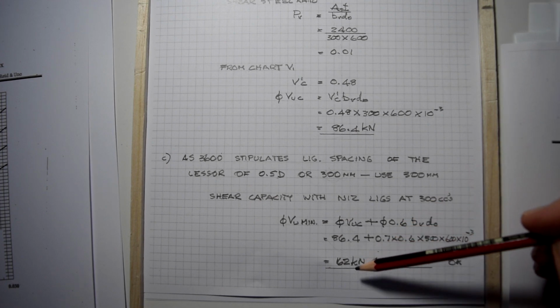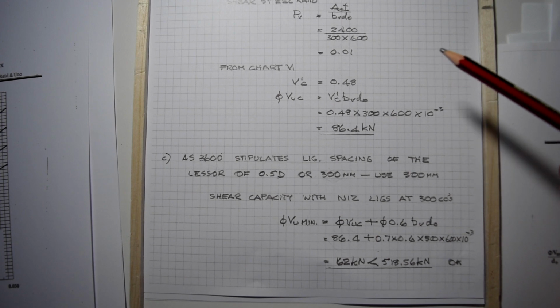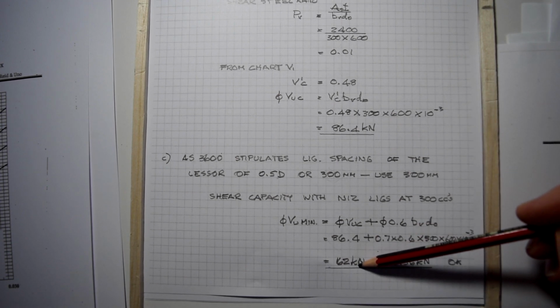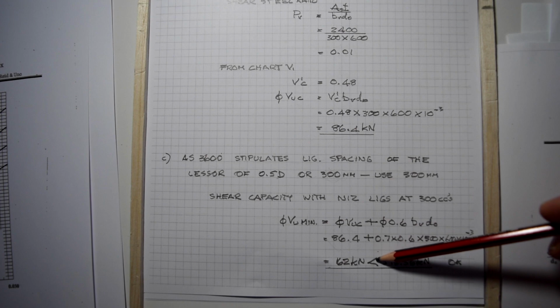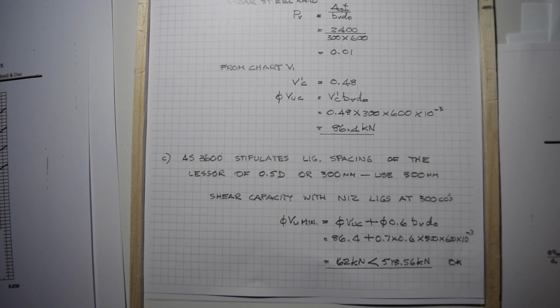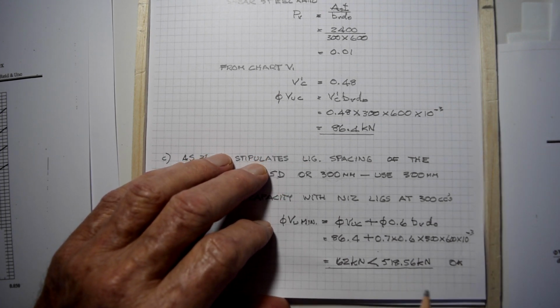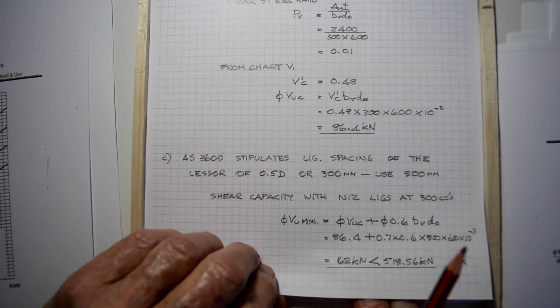So the strength with standard ligatures at 300 centers and your tension reinforcement is 162 kilonewtons, which is well short of the actual shear force that you have in there of 518.56 kilonewtons. So I've written okay, but it would work, and it will work on part of the beam, as I'll illustrate shortly.